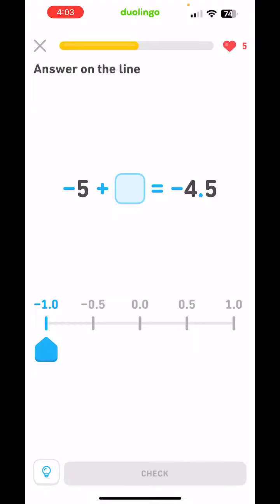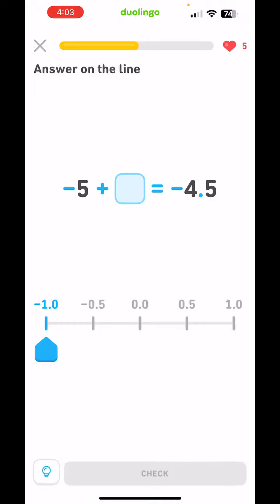Now I would say the answer is 0.5. But then they'll say, no, that's wrong. It's negative 0.5. But a negative and a positive makes a negative. So wouldn't it be a negative and a positive makes a negative? So wouldn't it be negative? I mean, positive. That's what I meant.